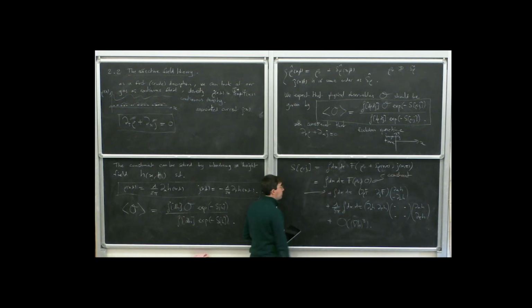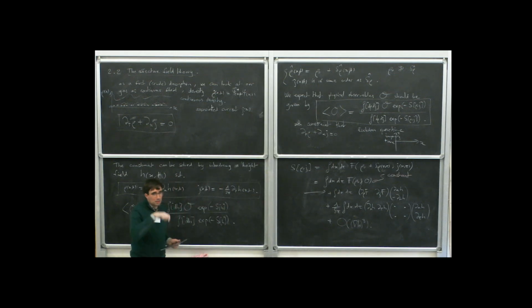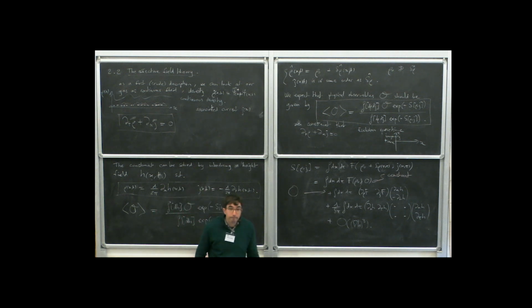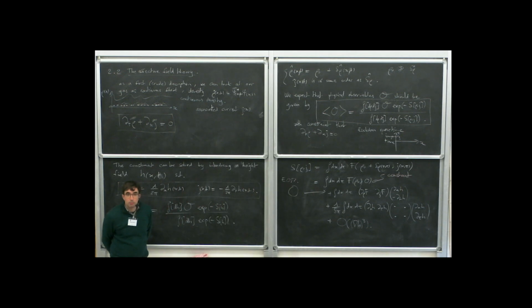This, do you know what this is? So this is 0. Why is it 0? I mean, you should ask, this is 0 because this is the equation of motion, right? So it has to be 0.